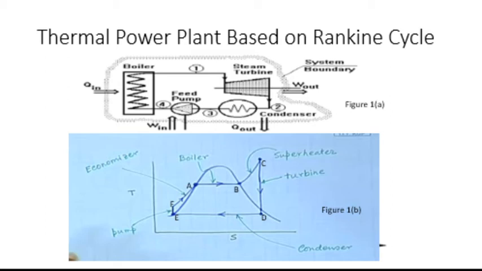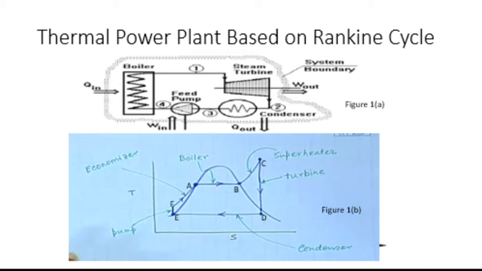Then we have the left hand boundary of the dome shaped structure of the TS graph. Inside the dome, we have liquid plus vapor, and to the right hand side boundary of the dome, the area outside it where the superheater is written is known as steam or vapor.